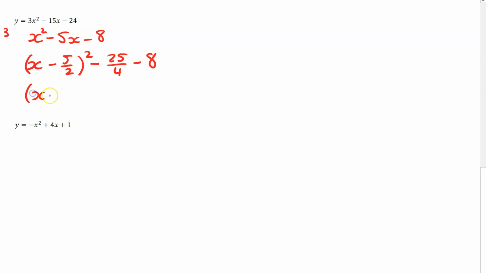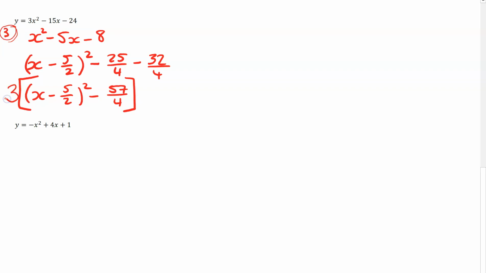So we get x minus 5/2 all squared. I'm going to change this into 32/4. So that is -57/4. But don't forget, we've got this 3 going on. We kept it aside.